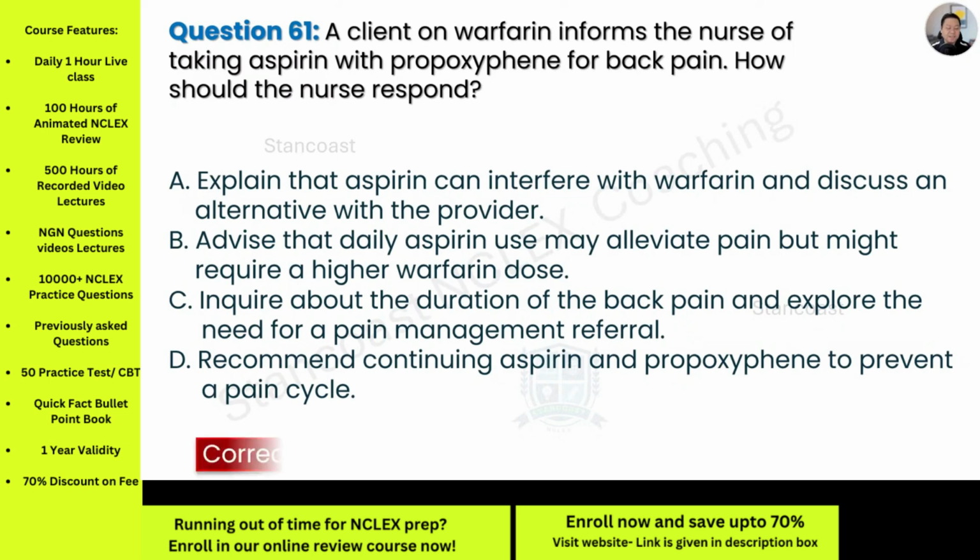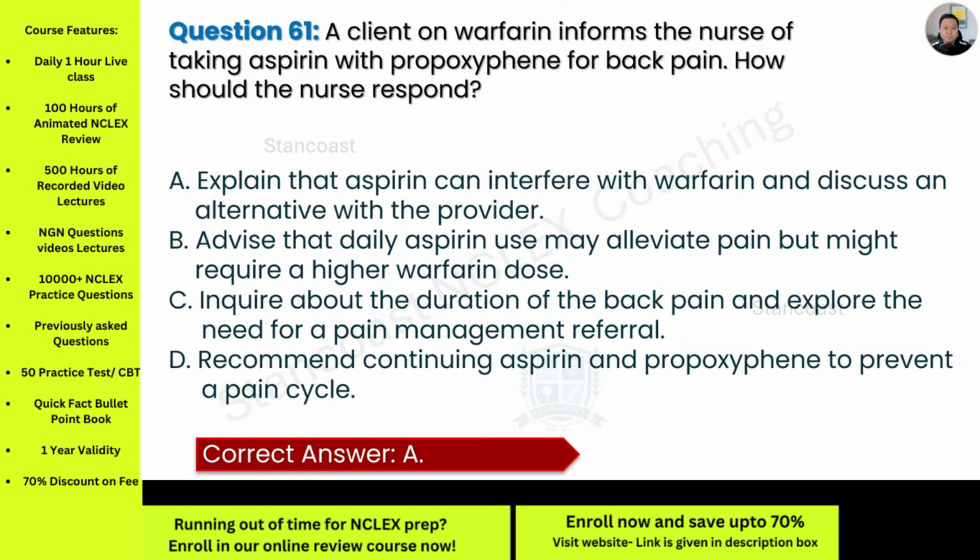The answer here is letter A, because aspirin can potentiate warfarin's anticoagulant effect, and thus will lead to increased bleeding risk. The nurse here should educate the client and collaborate with the provider for safer alternatives.